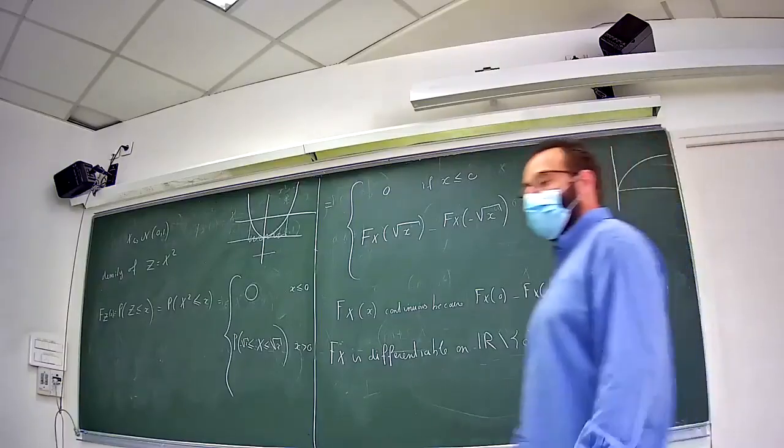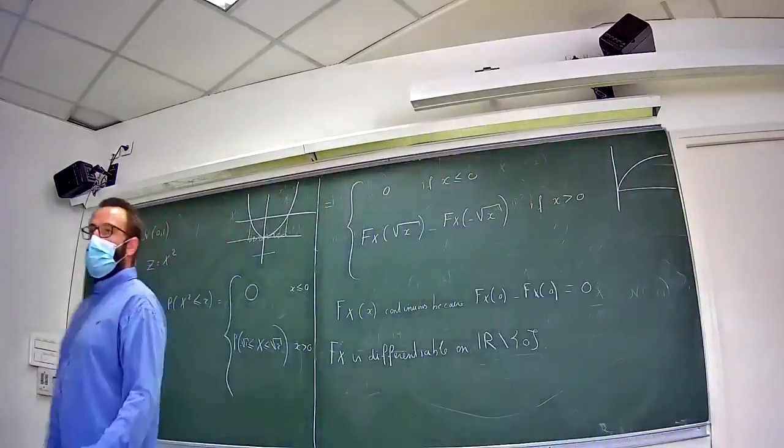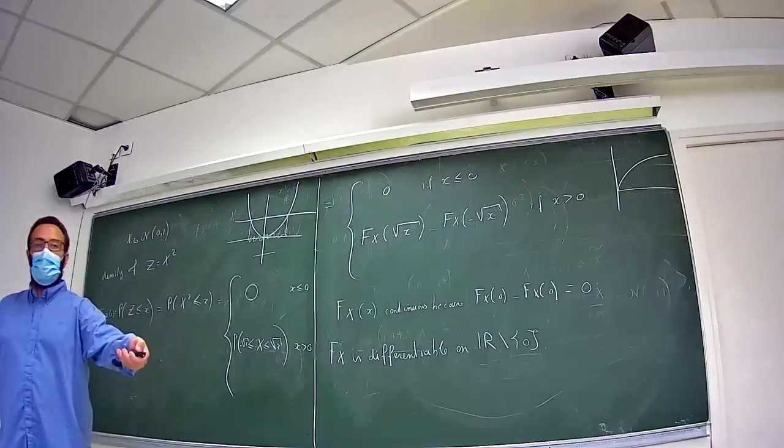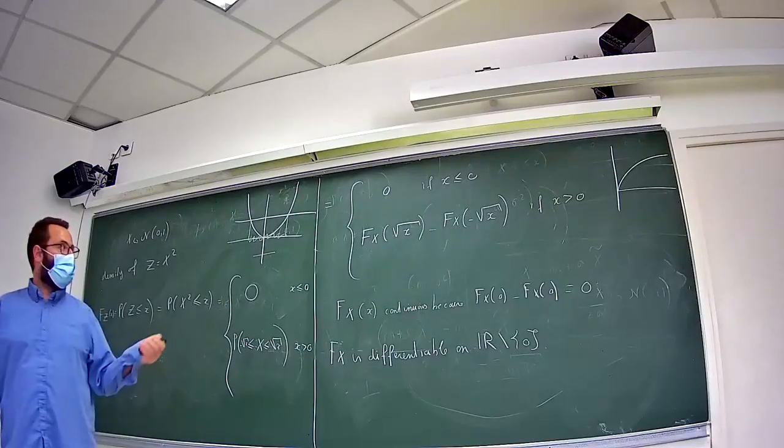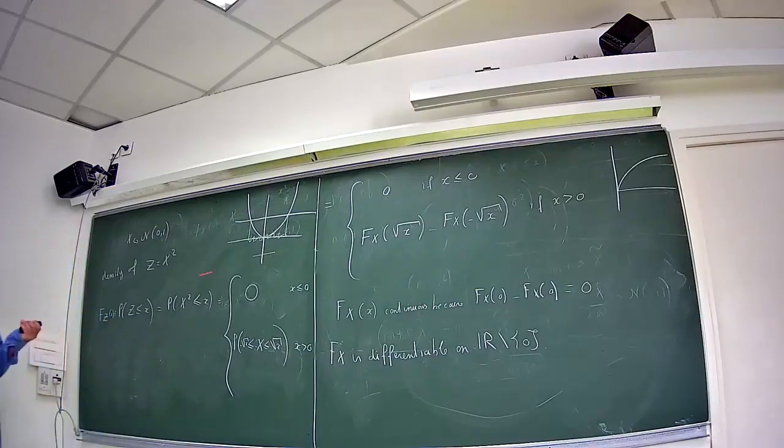So I have this one. And so I can use my result. The density function of what I am interested in, that is z, will be obtained as the derivative of the distribution function for the points where I am differentiable and 0 otherwise.